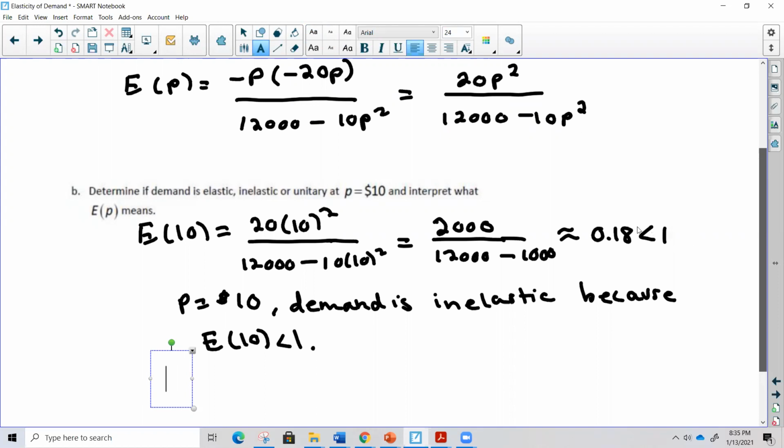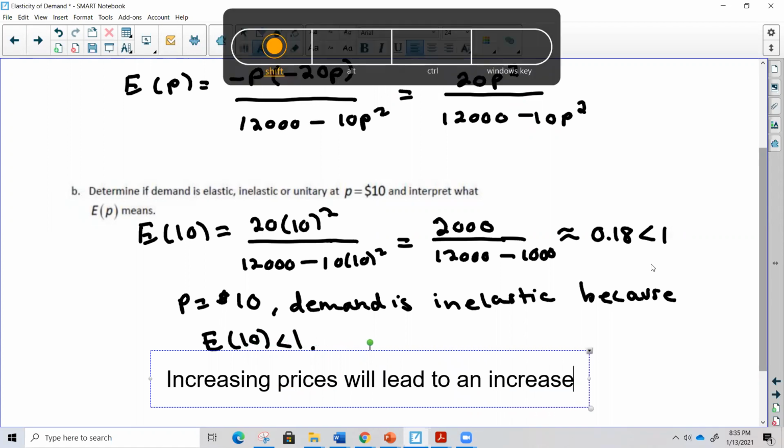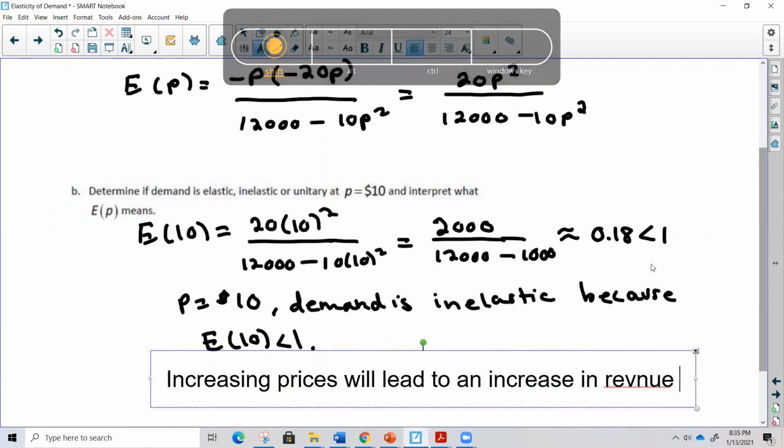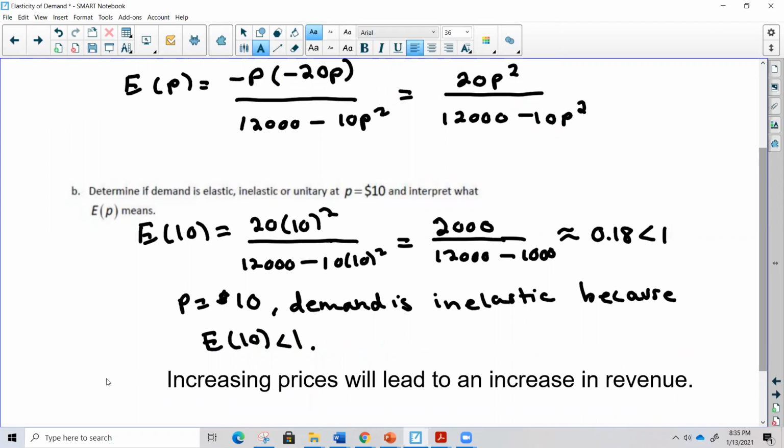And if our E of P is less than 1, then increasing prices still leads to an increase in revenue. So increasing prices doesn't change the demand enough that it would change the revenue.